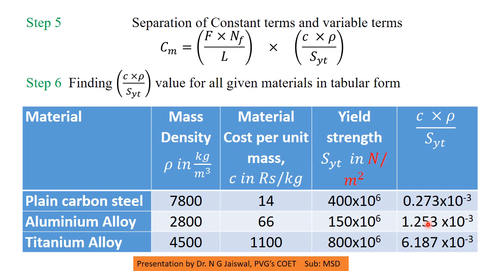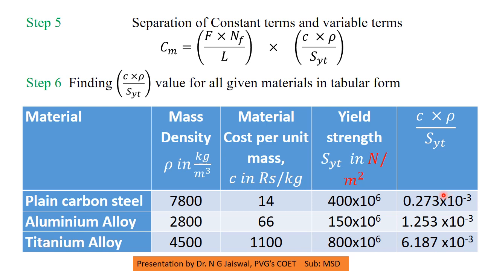Similarly, the second number, 1.253 into 10 to the power minus 3, is obtained by 66 into 2800 divided by 150 into 10 to the power 6. This way you get the second number. So you can find the same parameter C into rho divided by SYT for all the materials which are required. Here three materials are given, that's why we found out the same parameter for three materials.